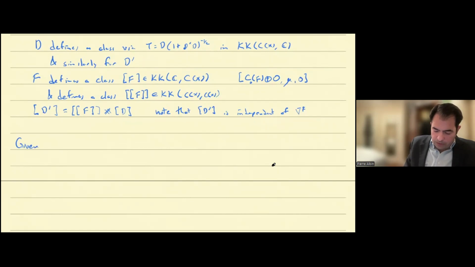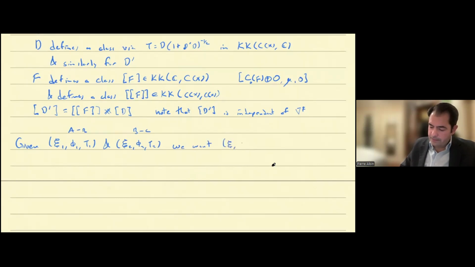Right, so let me say something about that. If you have the two Kasparov bimodules that you want to multiply, say this is AB and this is BC, and then we want an AC bimodule, then clearly we should take as E, E1 tensor over B, E2.